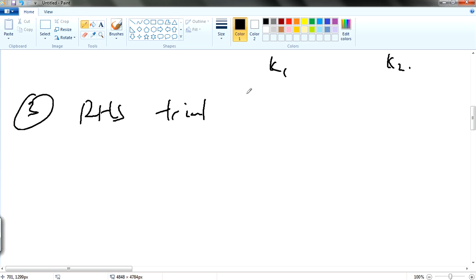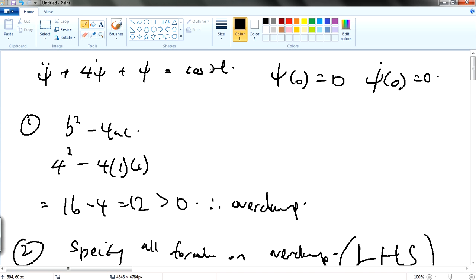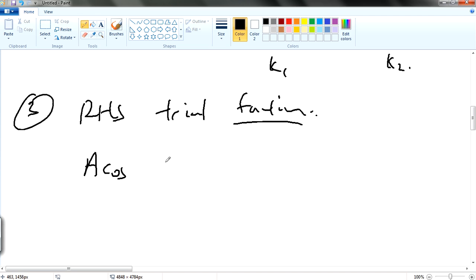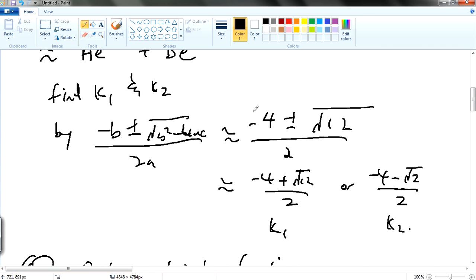For the particular function, since the right hand side is a cosine, we follow whatever is in front of it, so it's 2t. So we take it as a cosine 2t plus b sine 2t. Okay, and then this is the particular function.